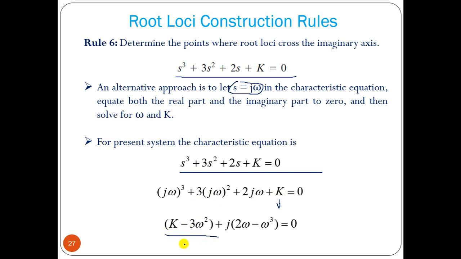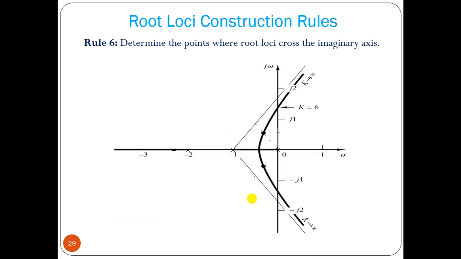So we have to separate the real part and the imaginary part, and from the imaginary part we can find out the value of omega. We can put this omega value here and find out the value of k. This is the simple method.